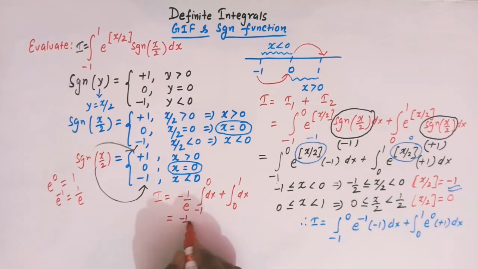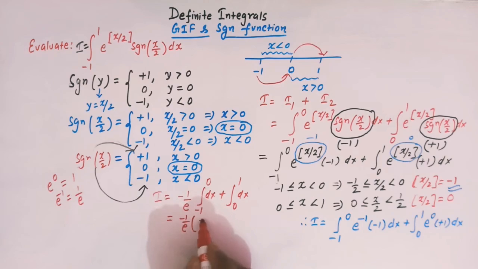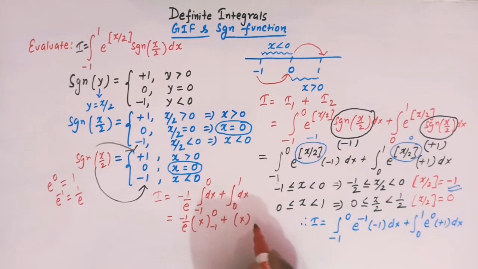So now we have minus 1 over e. The integral of dx is x, limits are from minus 1 to 0, and here we have simply x, and limits are from 0 to 1, and we have to substitute the limits, and we'll take the difference.